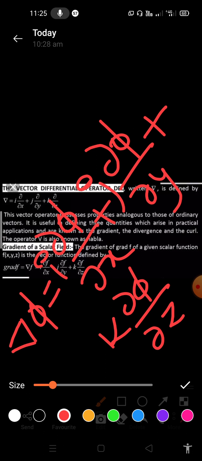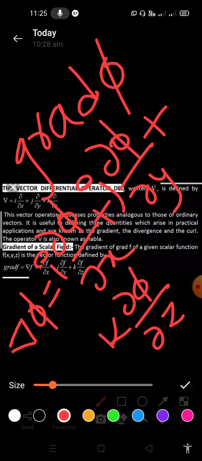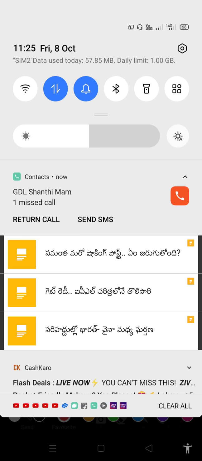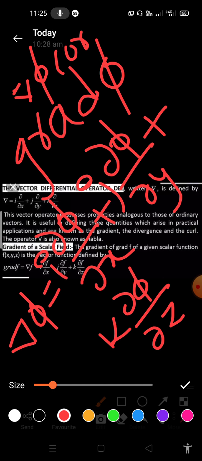Del phi can also be written as grad phi. Here phi is a scalar field.